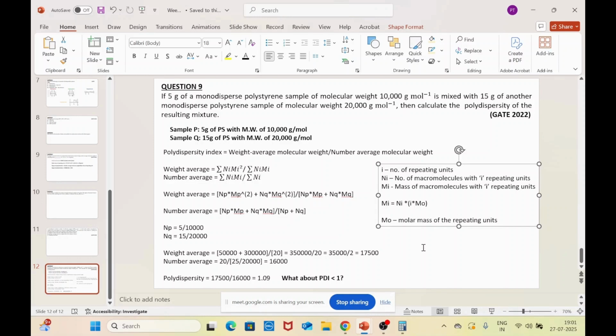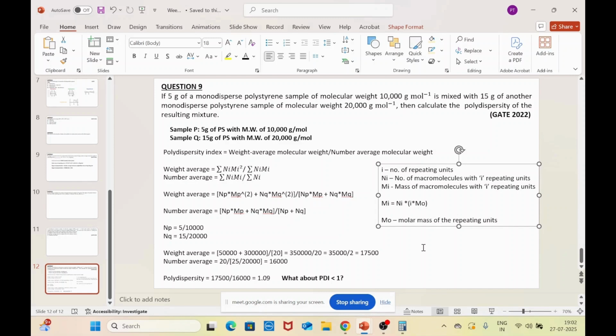No, no. I is the number of repeating units. If you take one macromolecule chain, the number of repeating units in that macromolecule is I. So with, let's say, 10 repeating units, you might have many different molecular chains in a bulk sample, not like they are in an isolated system.